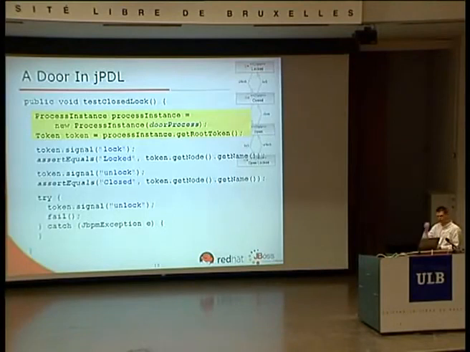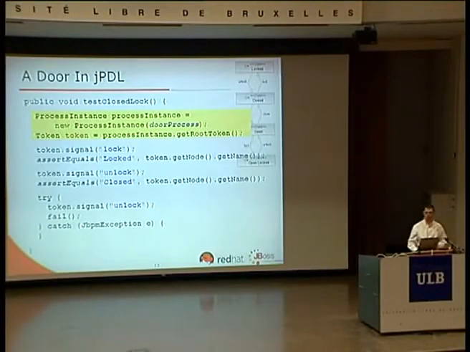The token is the pointer to where you are in the process, and in order to support concurrent paths of execution, the data structure is a tree of tokens. So one process instance corresponds to a tree of tokens. Of course, for a door, we just have one path of execution, one token, the root token. So that's what we fetch here.